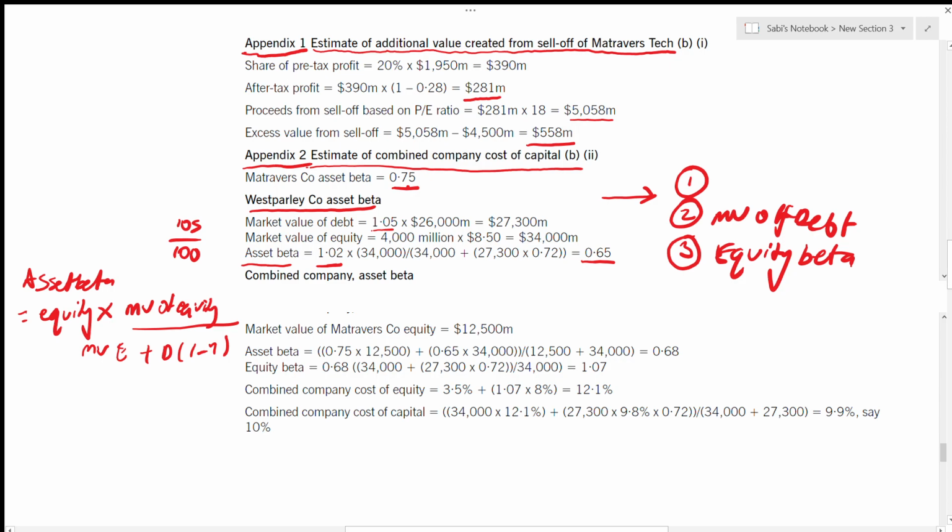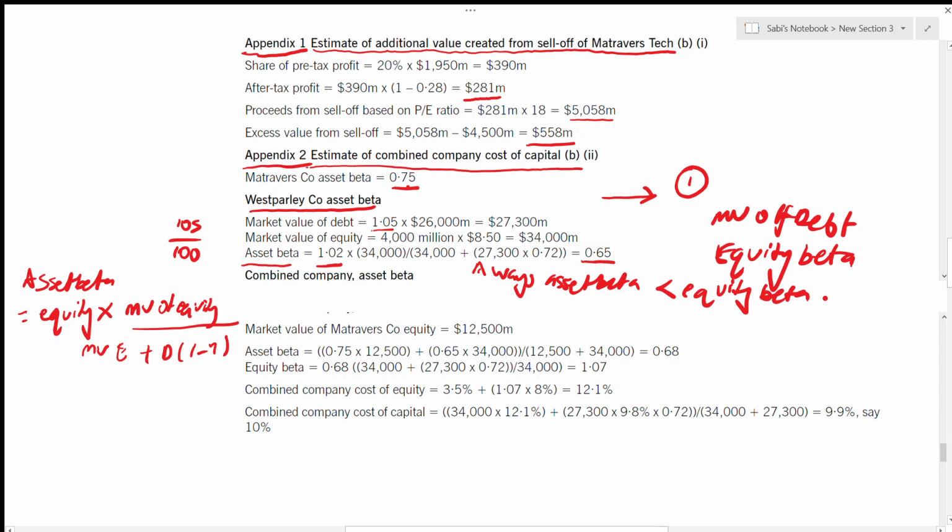How will you know that your asset beta is correct or not? Always check your asset beta with your equity beta. Always, asset beta will be less than equity beta.